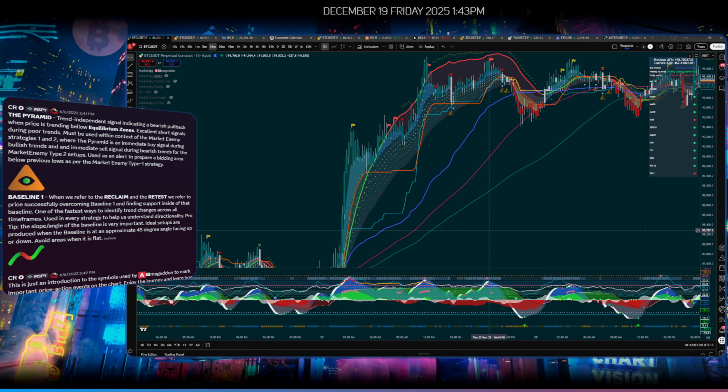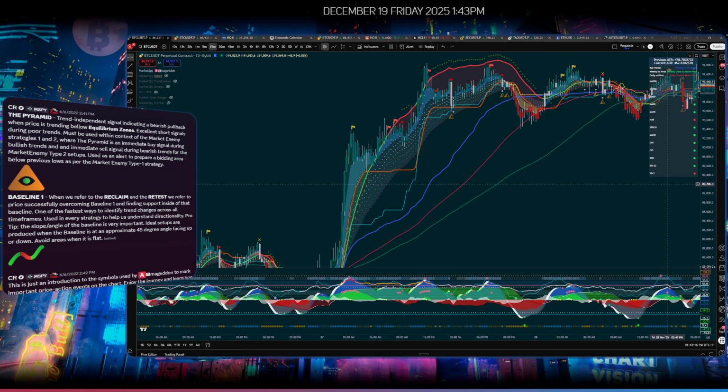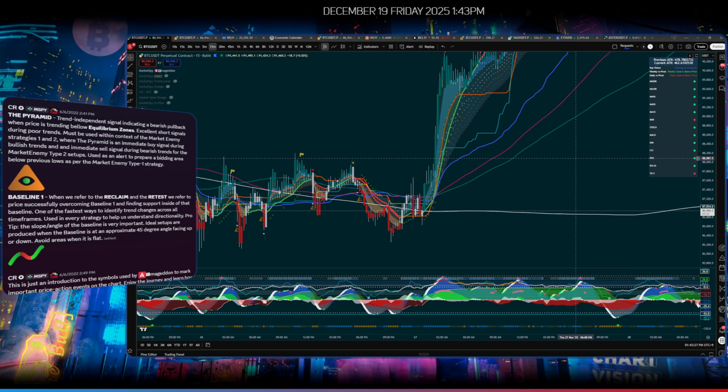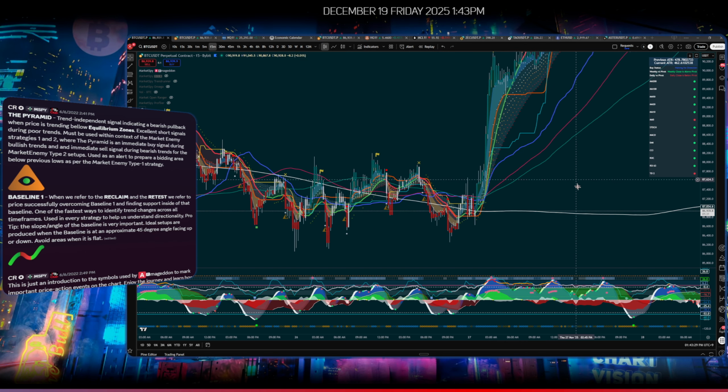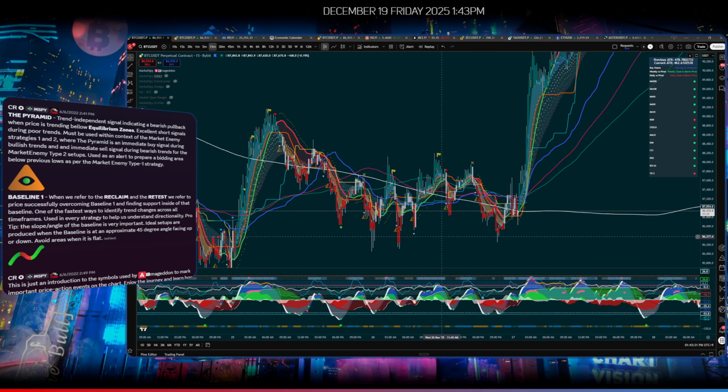That is most likely going to be working in your favor because it completely changes how you look at the markets, and you don't have to worry about New York or London or Asia. You're just looking at markets structurally from the start of the day to the end of the day. And when I say markets, I'm specifically referring to Bitcoin in this case. For futures, just stick to New York session.